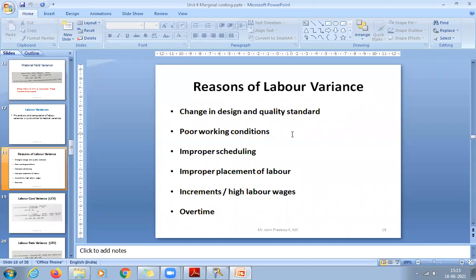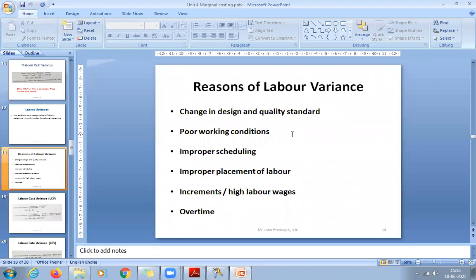Then improper placement of labor: you're putting him in a different department where he is not qualified or talented, he doesn't have the skills. Or increments or high labor wages, giving less or high wages, whatever, it will affect the labor's performance.